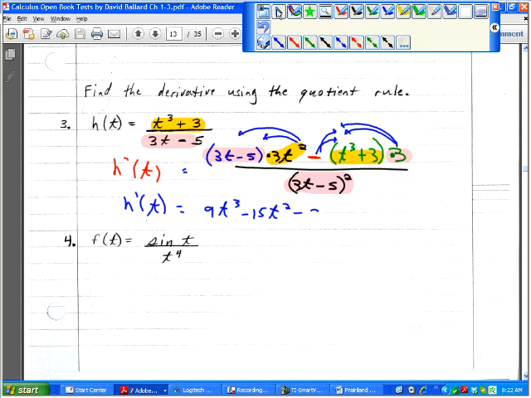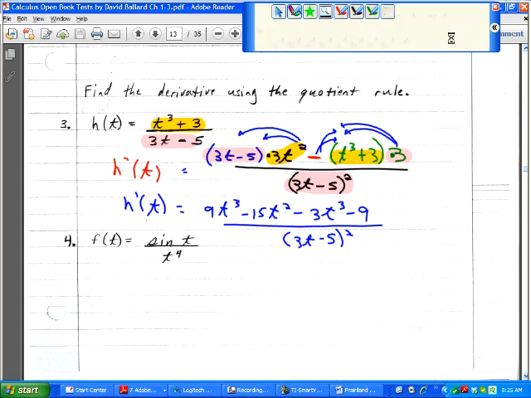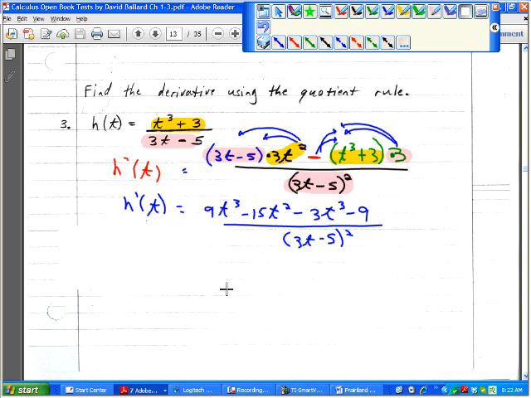So that'll give us a minus 3t cubed and a minus 9, all over 3t minus 5 quantity squared.